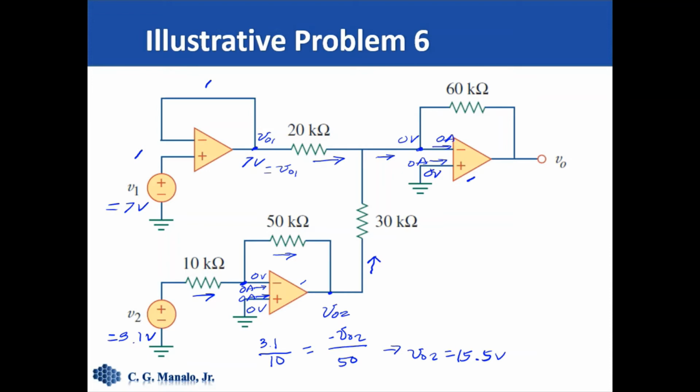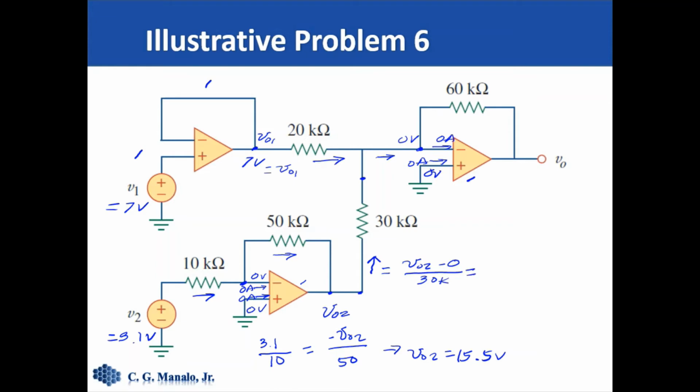We can compute this current as VO2 minus 0 divided by 30K, right?